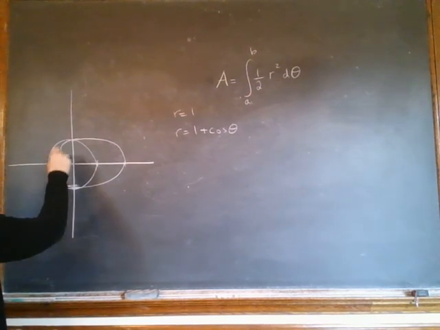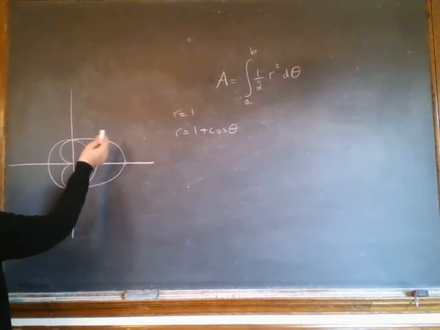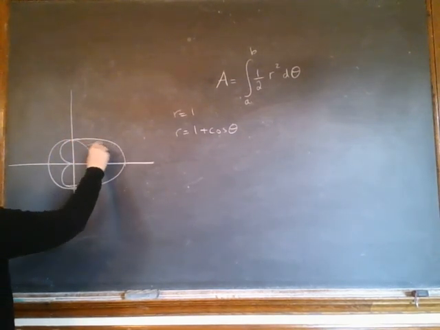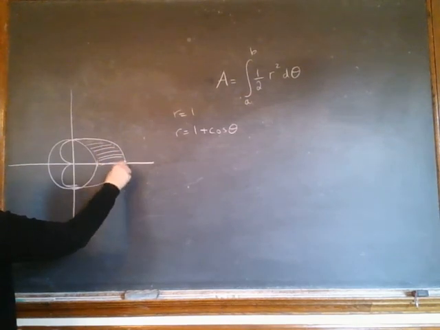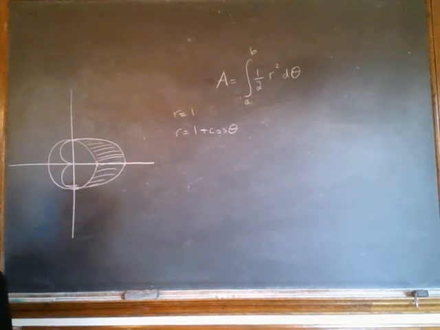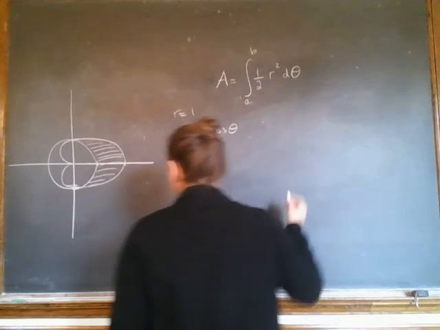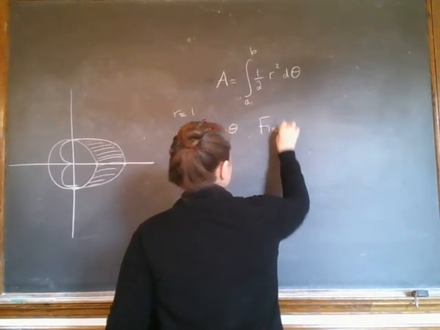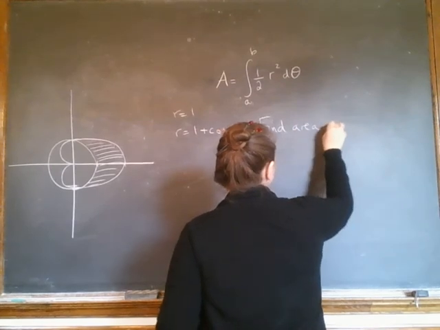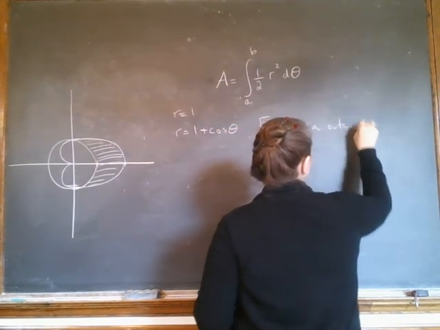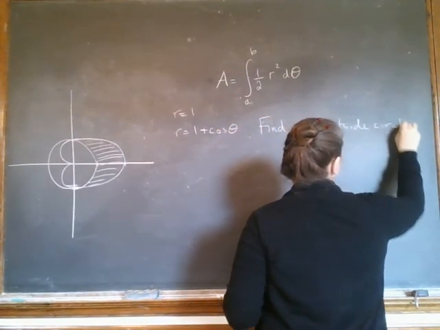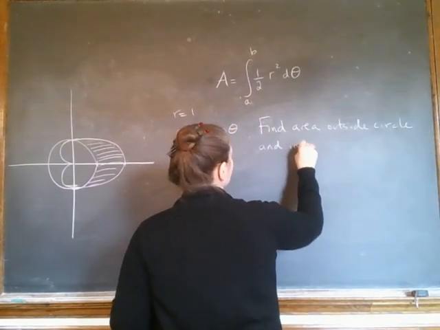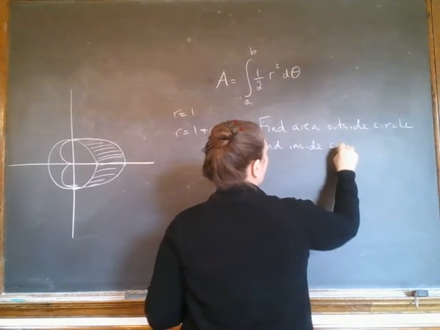Let's do this part. Something over here. So this would be written something like the area outside the circle and inside the cardioid.